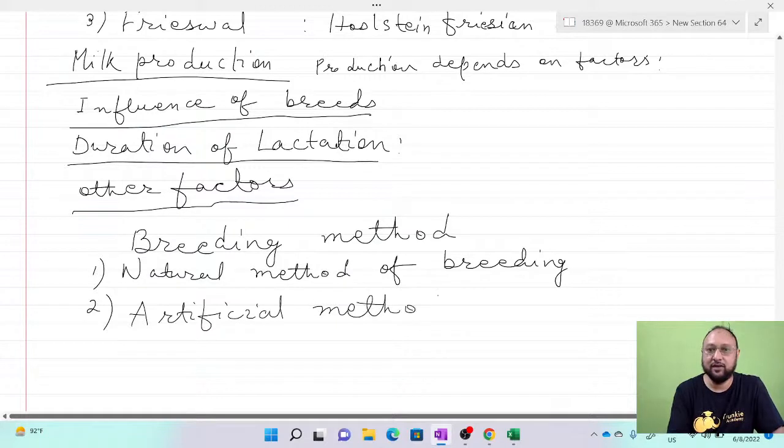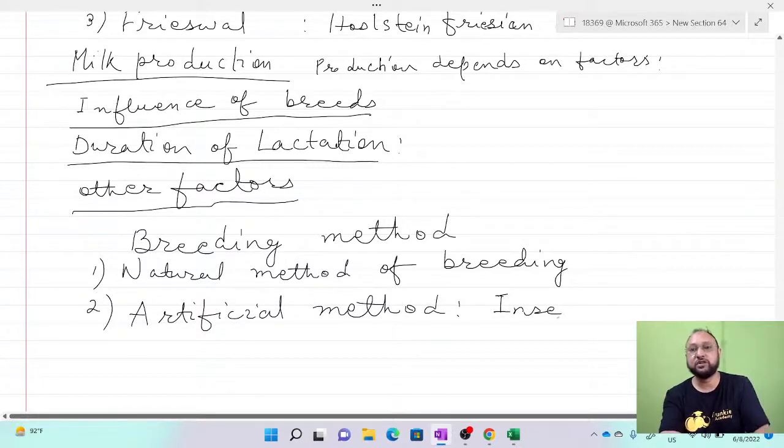This is done by insemination. Insemination means the semen is injected or put into the vagina of the females of another breed.